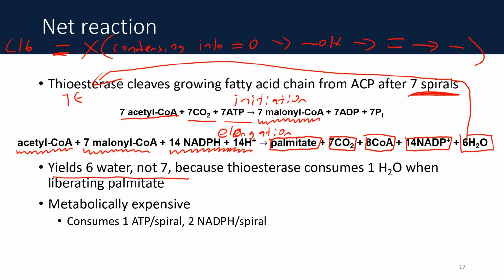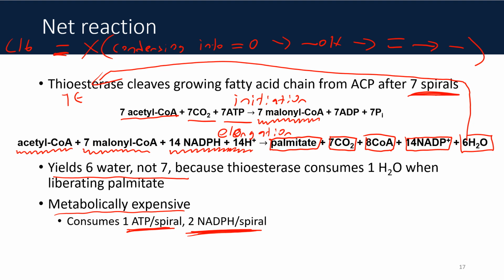I will also state the obvious that fatty acid synthesis is metabolically expensive. This is a lot of inputs we're investing into one lipid molecule. It's going to consume 1 ATP per spiral and 2 NADPHs per elongation spiral.